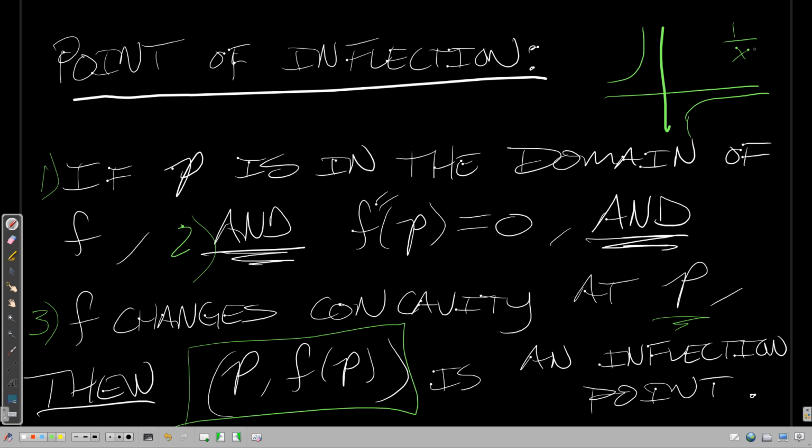But 0 comma f of 0 is not an inflection point because 0 isn't in the domain of f. And you also wouldn't have the second derivative of 0 equal to 0. It'd be undefined.